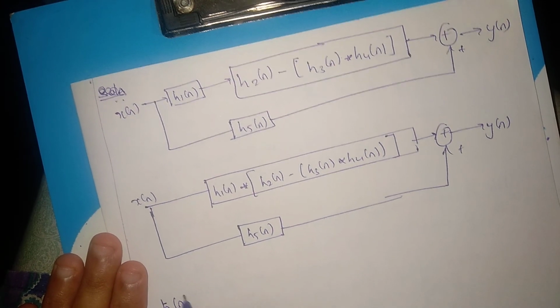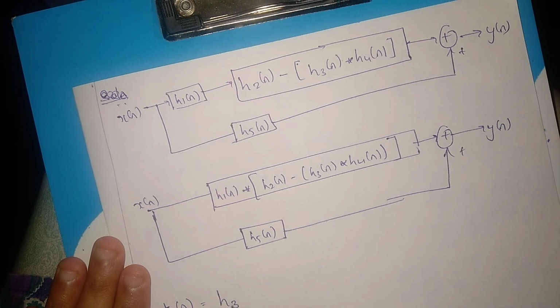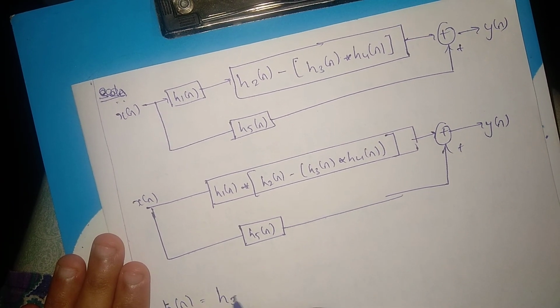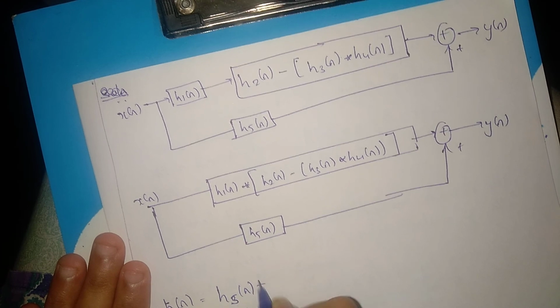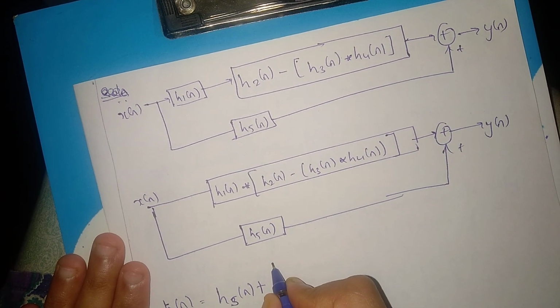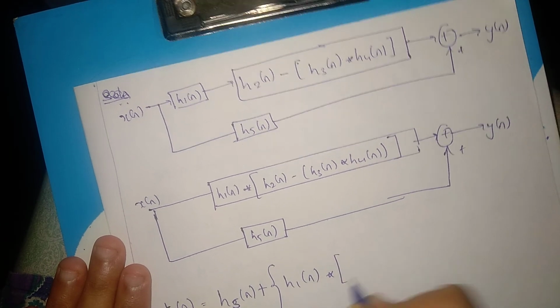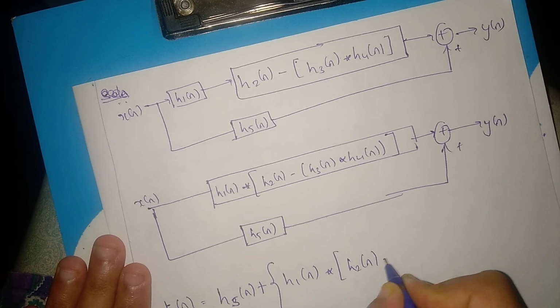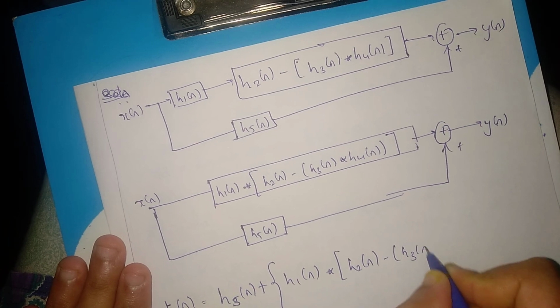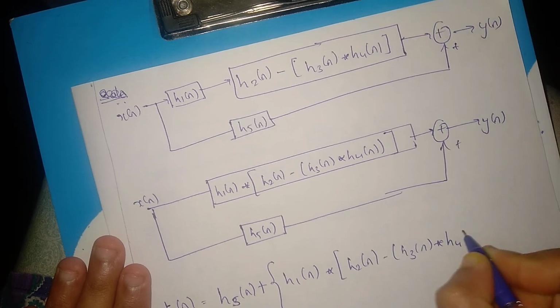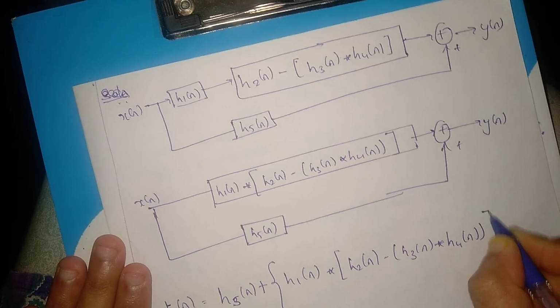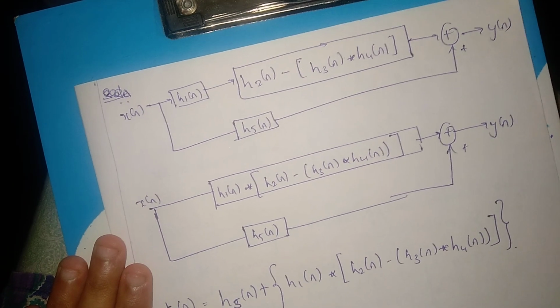So the total h of n is h5 of n plus this whole thing, that is h1 of n convolution h2 of n minus h3 of n convolution h4 of n. This is your complete h of n.